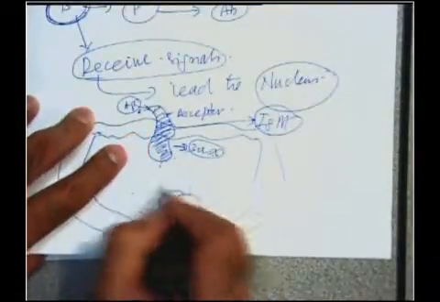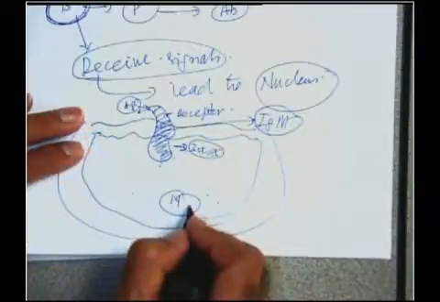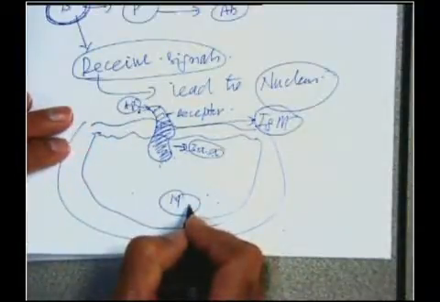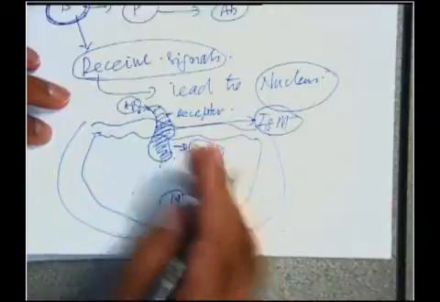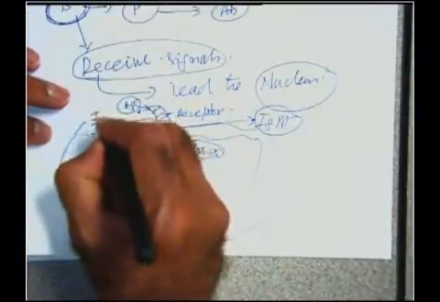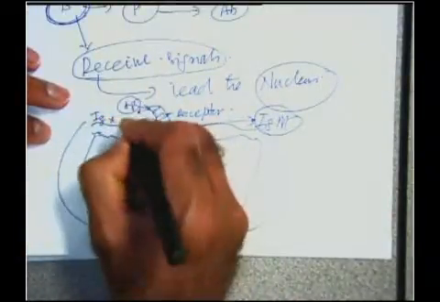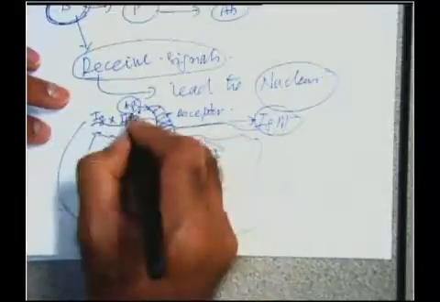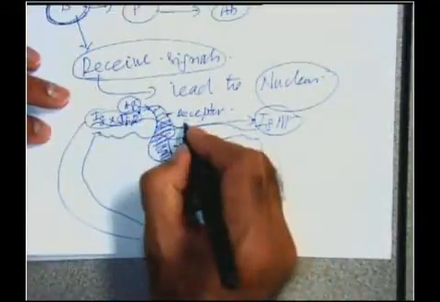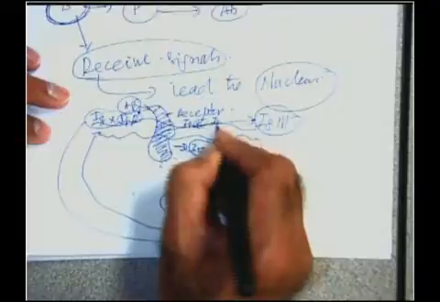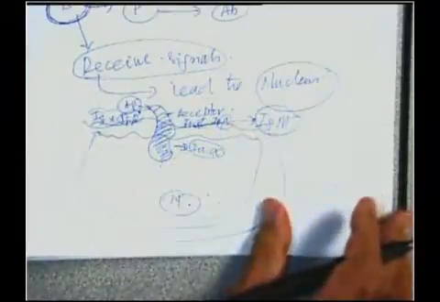We need a larger molecule that will convey the message. So in the membrane, you have Ig alpha, Ig beta. I will draw a larger diagram, easier to understand that part.